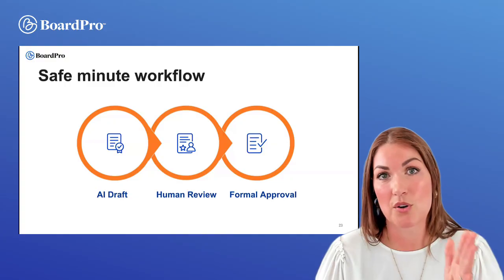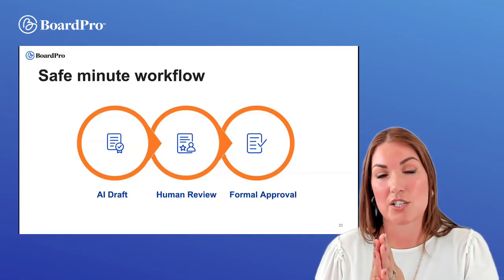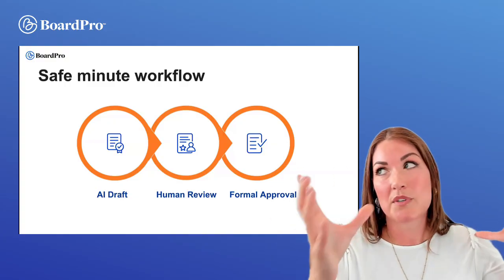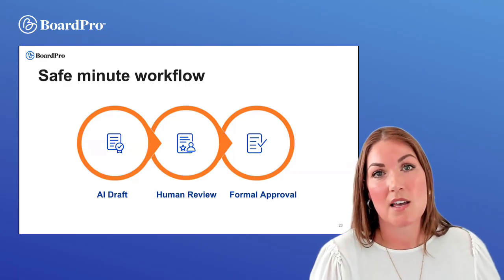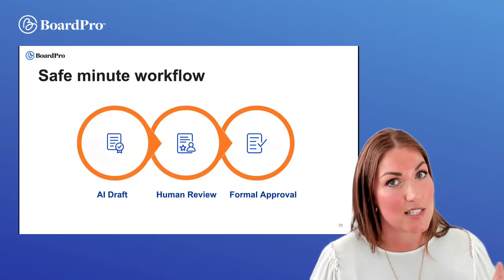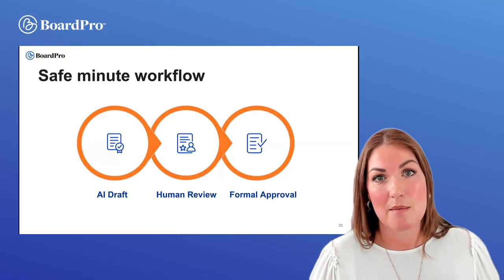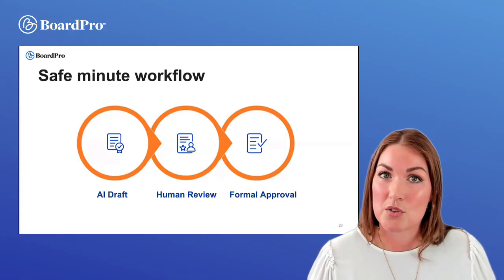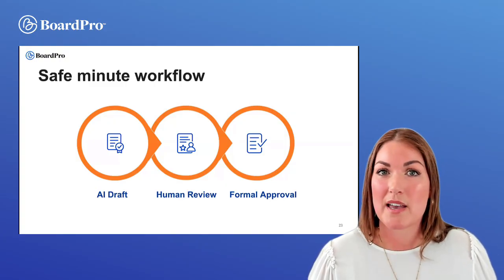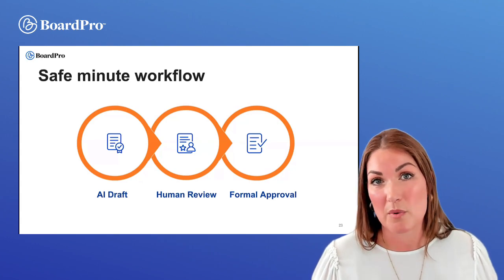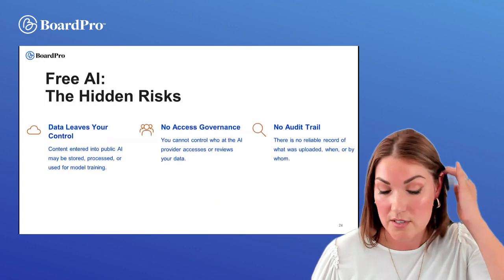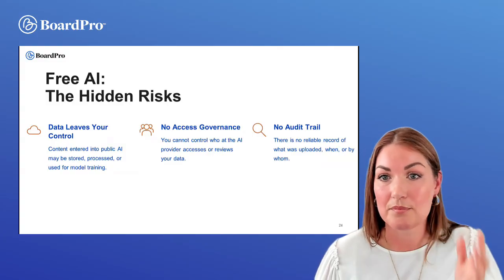You don't want to have two examples of the discussion, because boards need to have free and frank conversations. They don't need every single thing that was said. That's why we don't write down he said, she said in the board meeting minutes. So it's really good practice to delete those recordings, and be aware of the data retention for the AI software as well. Where are they storing those recordings?